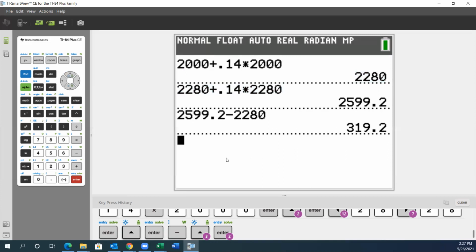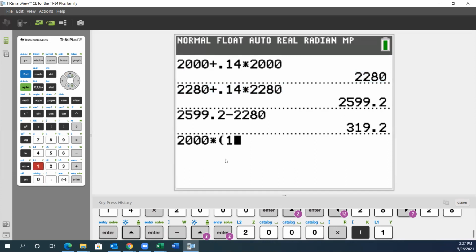Now, you could just say, well, wait a minute, this is just an exponential growth problem. So we could just do our initial value times one plus, since the debt is growing, not shrinking, 14%.